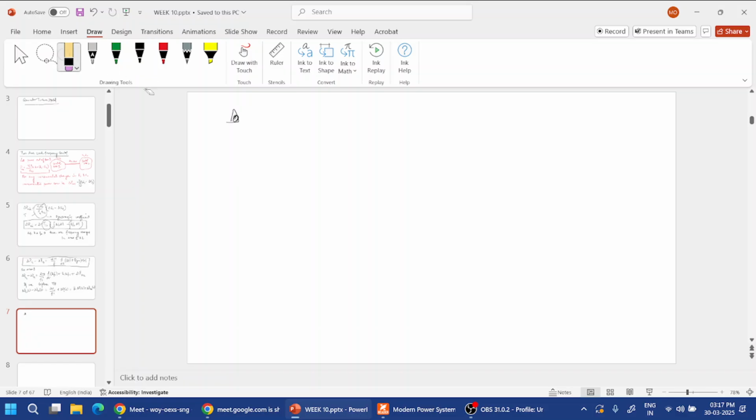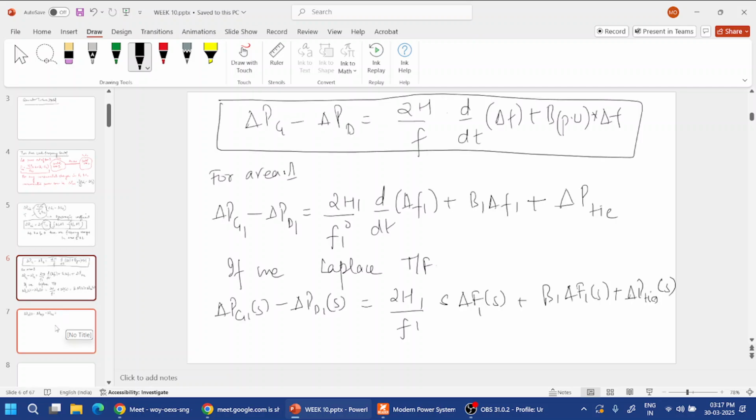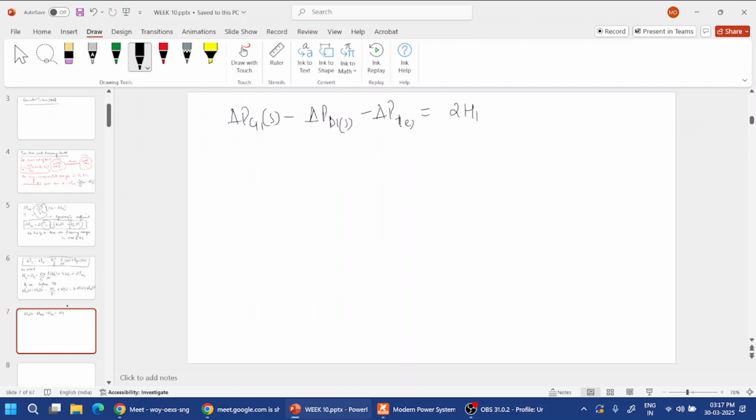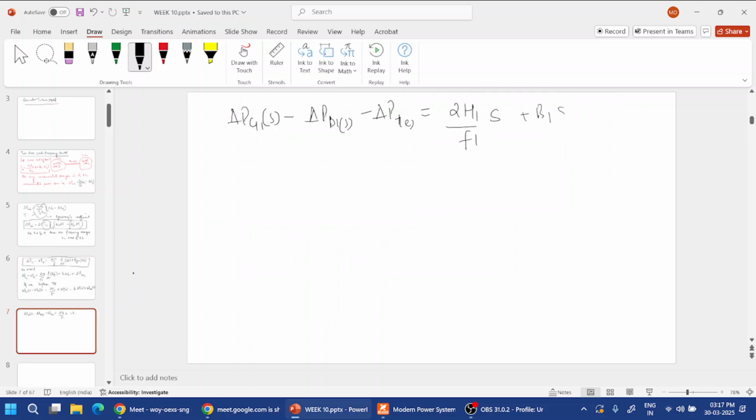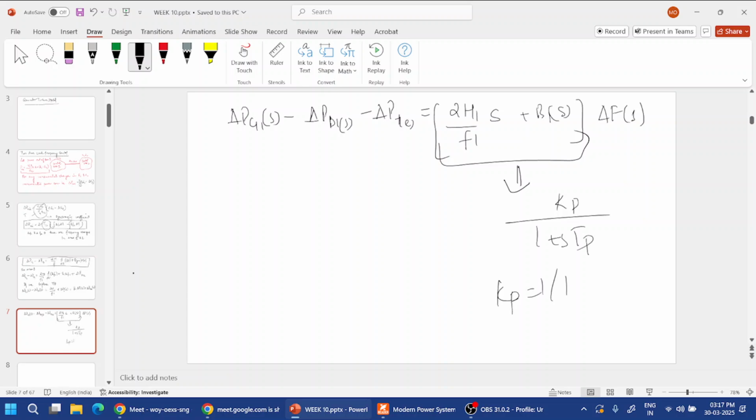Just a second, let me write it over here. Del PG(s) minus del PD1(s) minus del P tie(s) equals, on the right side what remains, 2H1 upon f1 s plus B1 times del F. Last time we derived this equation into a control loop known as Kp upon 1 plus sTp, where Kp is equal to 1 by B1 and Tp is equal to 2H1 by B1f.